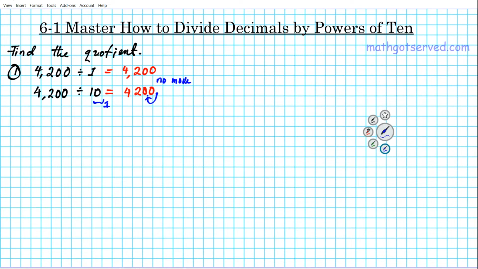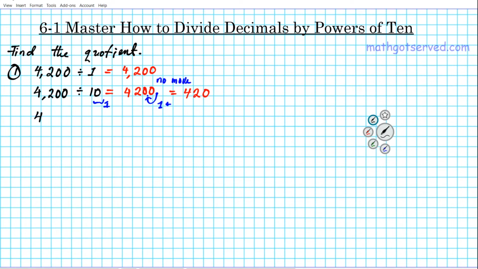Bam. Our answer is going to be 420.0. We can just write it as 420, and that's our final answer. Just remember, dividing by powers of 10, the number gets smaller and the decimal point moves to the left.